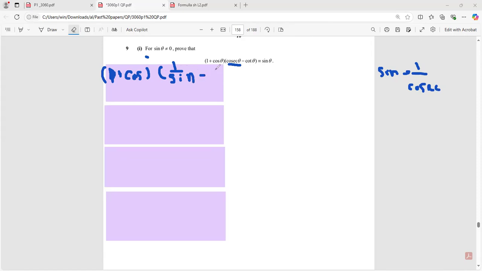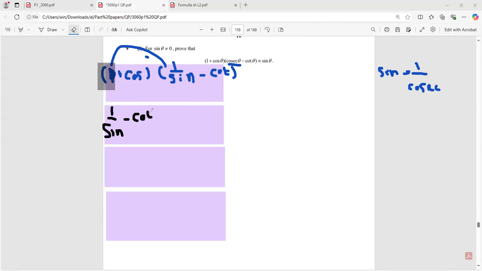minus cot. Okay, I'm going to multiply back the normal way. First of all I'm taking the 1 multiplied by both. So 1 multiplied by 1 over sine is 1 over sine. The same, 1 multiplied by negative cot is negative cot.